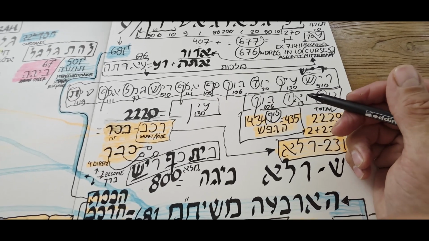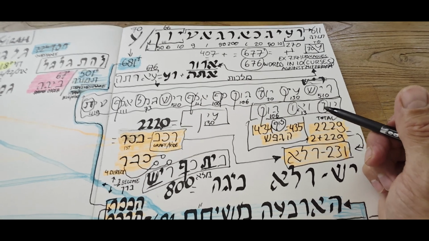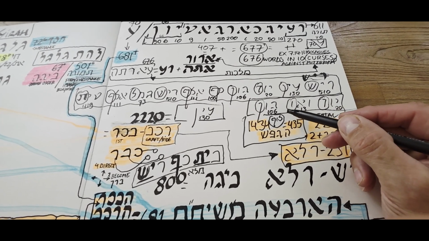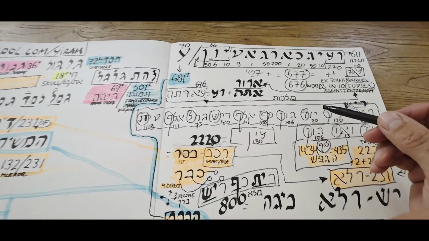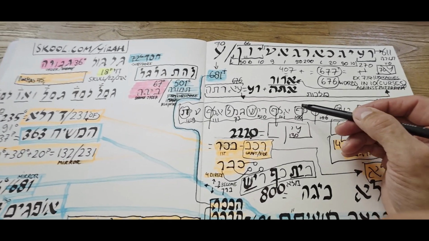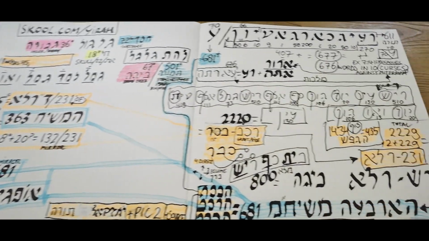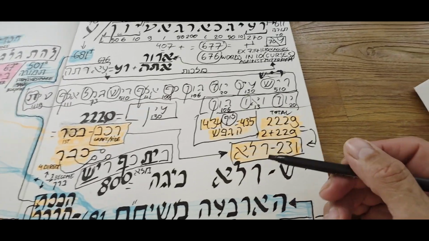Now, if we take the Sofit letters, the ending letters, the Shin, Nun, Dalet, Nun, Fei, Fei, Shin, Lamed, Fei, Taf, Dalet, Vav, Nun.